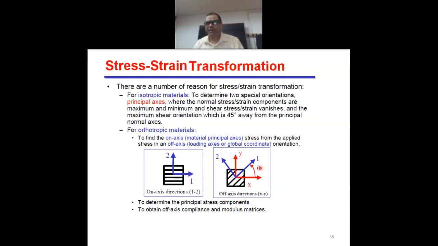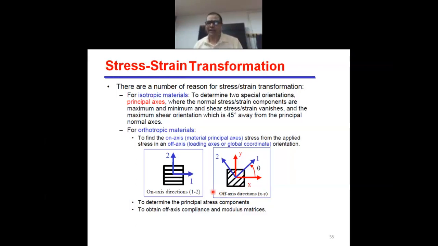But if the fiber is aligned at an angle of theta with x or y, then we use two terms. For the fiber direction we use the letters 1, 2 and the term on-axis. For the conventional Cartesian coordinate directions, x and y, we use the term off-axis.